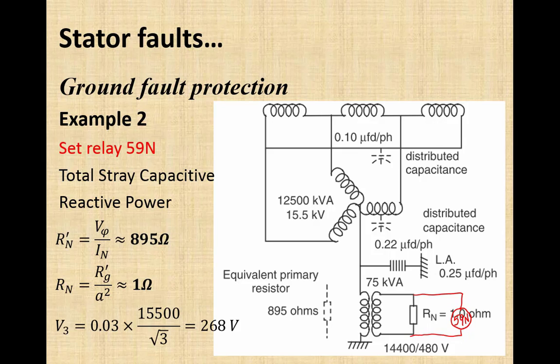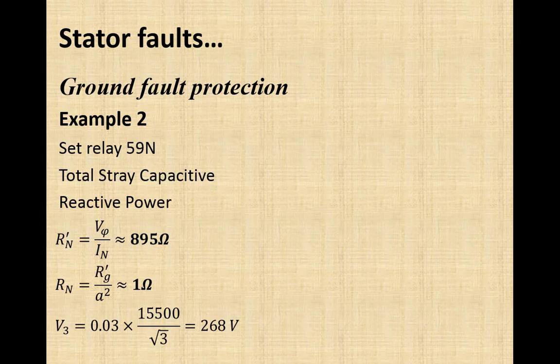Now V3, the third harmonic of the voltage, is equal to 3% of the line to neutral voltage. Line to neutral voltage is 15.5 kilovolt divided by root 3, and our answer is 268 volt. Now in order to find out the voltage that will appear across that Rn even in normal condition, here I will draw the diagram in front of you.